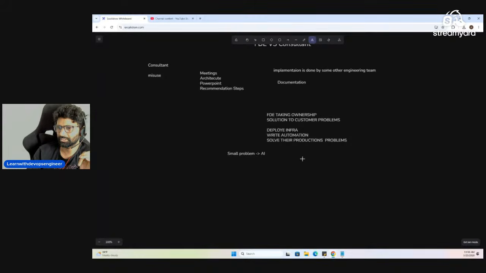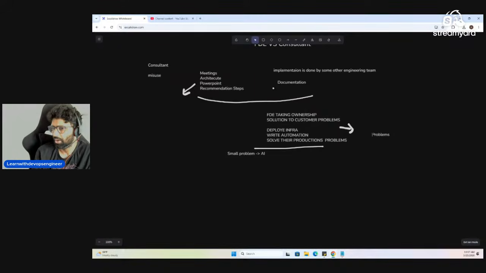Do this. So this is the strong differentiation between the normal consultant and the FDE role. Consultants only recommend solutions, but the FDE will try to solve the problems. All right, I hope it's very clear.